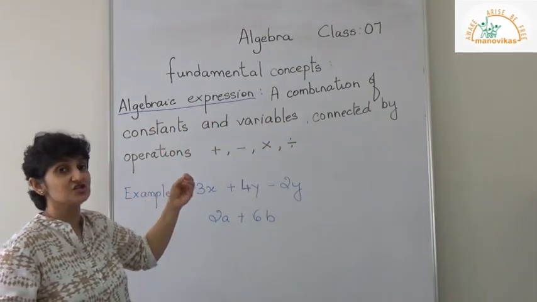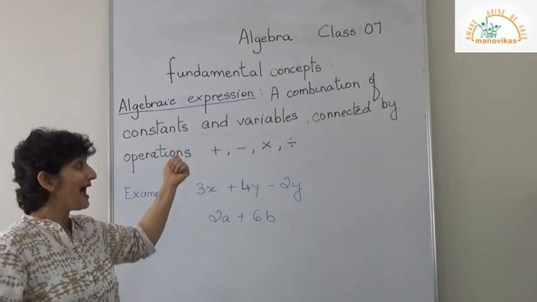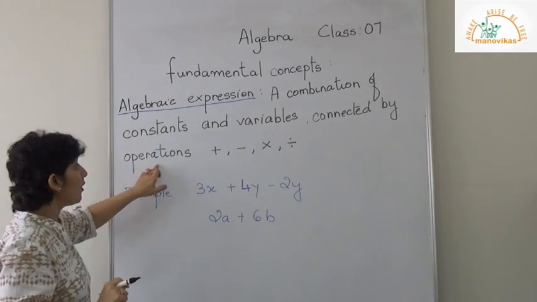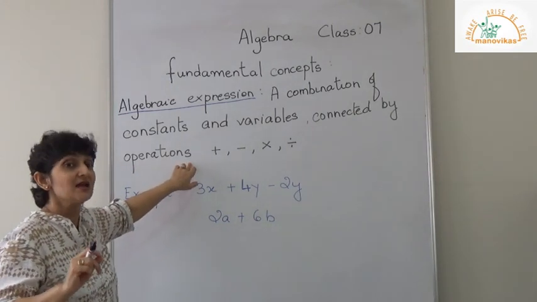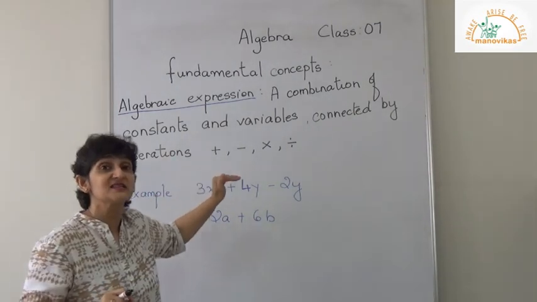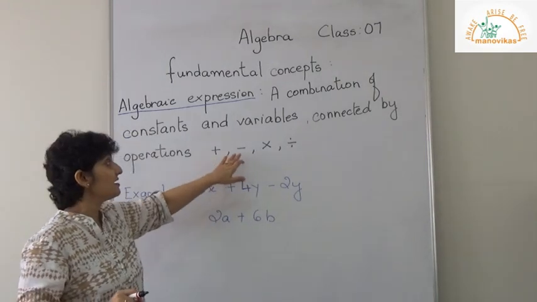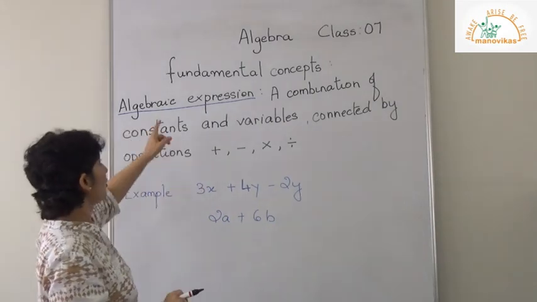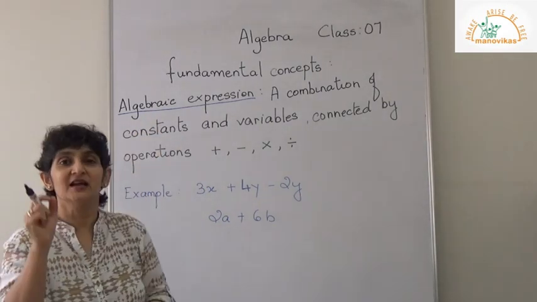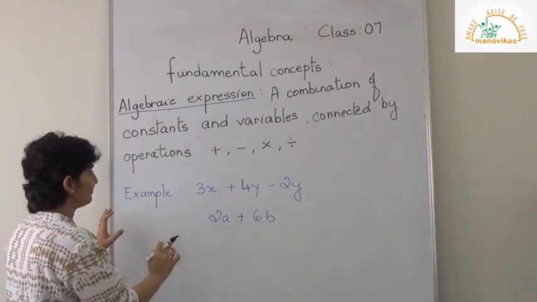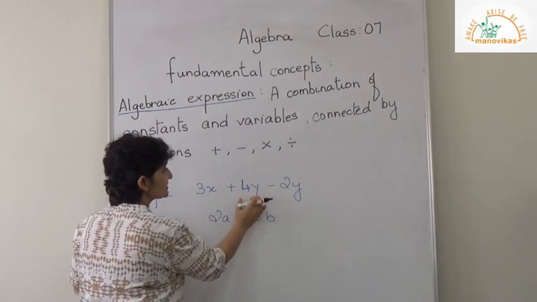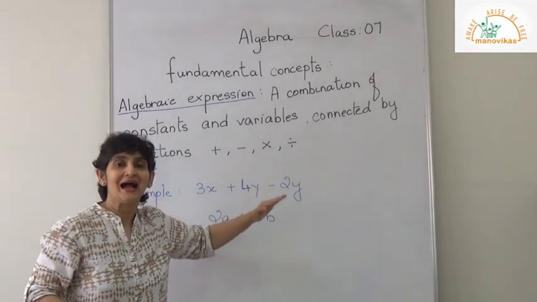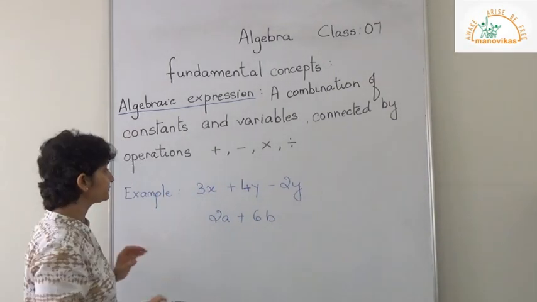So a combination of constants and variables connected by operations, meaning when it is connected by signs like plus, minus, multiply or divide, is called an algebraic expression. For example, if I take 3x plus 4y minus 2y, this is an algebraic expression.